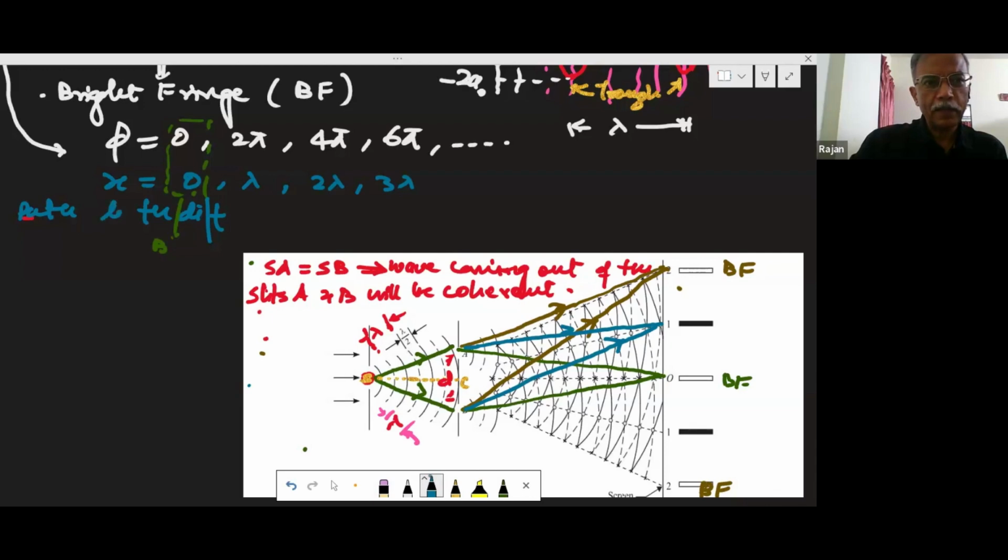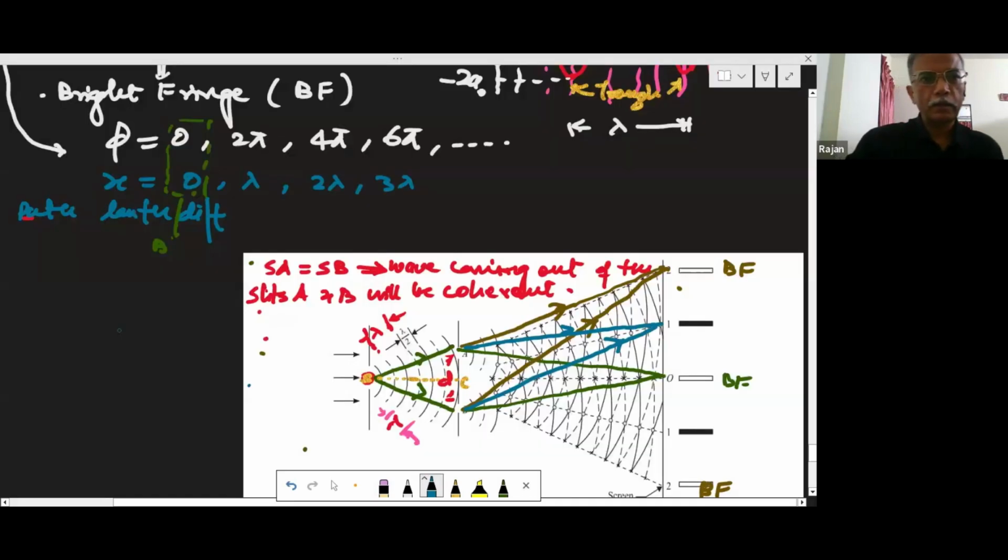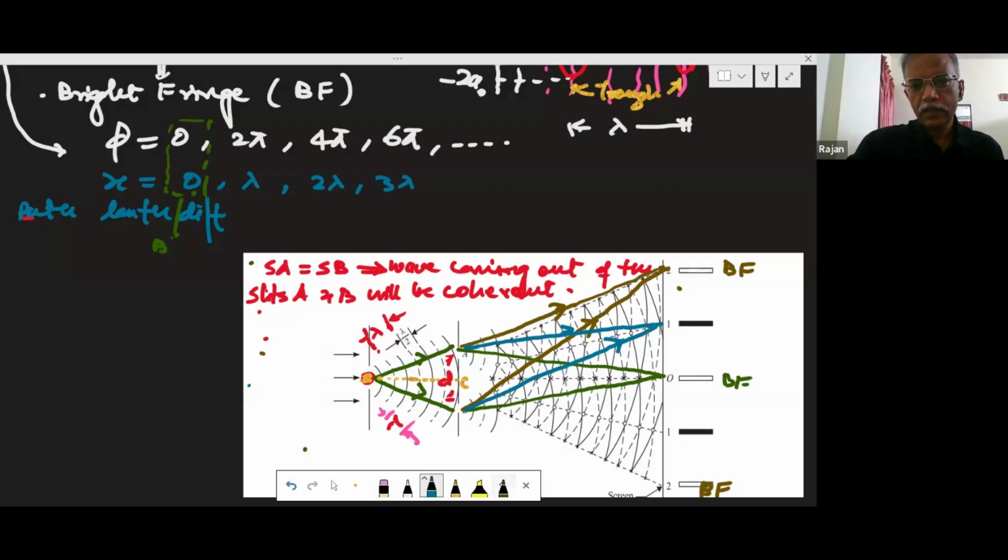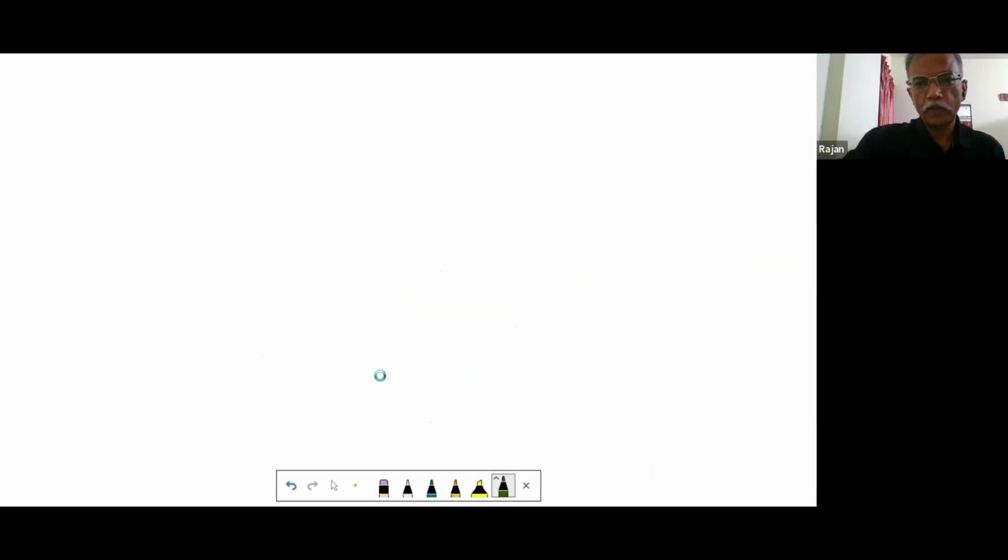So here, the first one where phi is 0 or x is 0, that is your central bright fringe. So we'll write that, central bright fringe. Clear up to that?